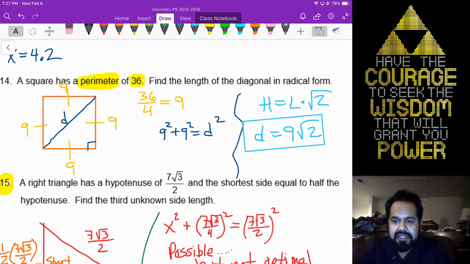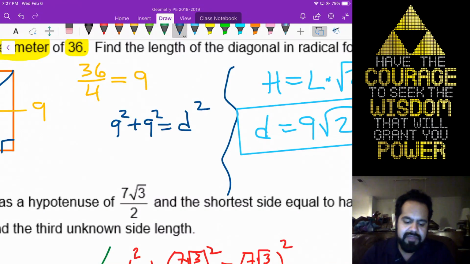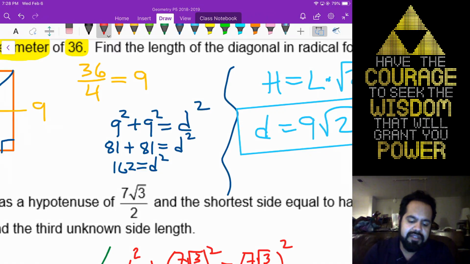What's the long formula again? It's not that it's a long formula, it's that if you're solving the Pythagorean theorem, you would have 81 plus 81 equals d squared. So 81 plus 81, 162 equals, wow, I'm skipping a step, d squared. You're then going to take the square root of both sides.